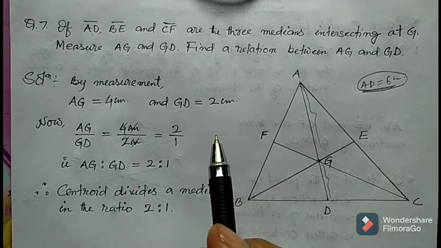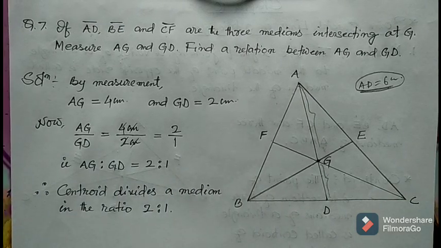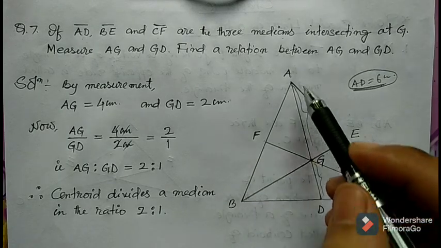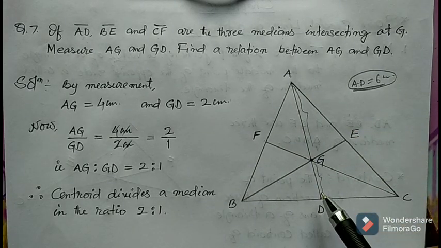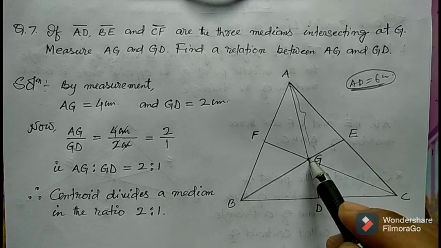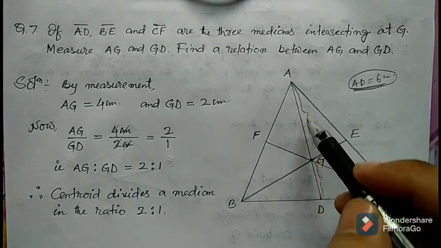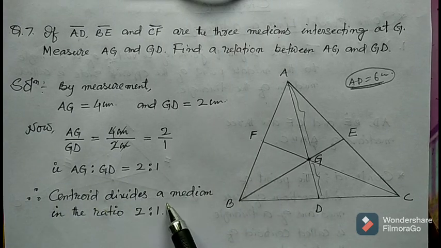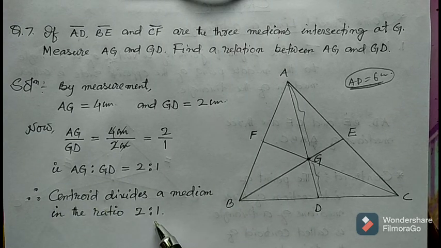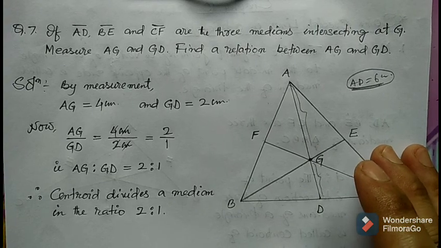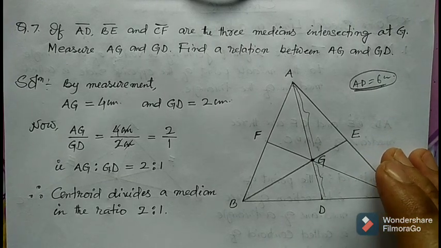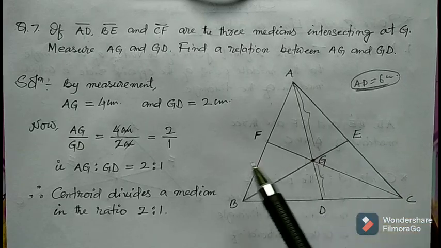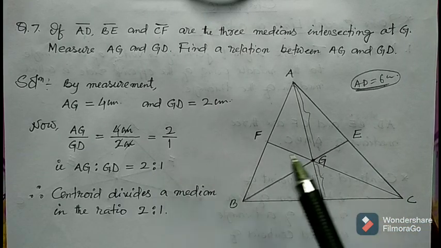Now you have to remember one point. This is the ratio in which the centroid divides a median of a triangle. So always the centroid divides the median in the ratio 2:1. Therefore, the centroid divides a median in the ratio 2:1. Not only for this question, this is one of the properties of a triangle: the centroid divides any median into the ratio 2:1.